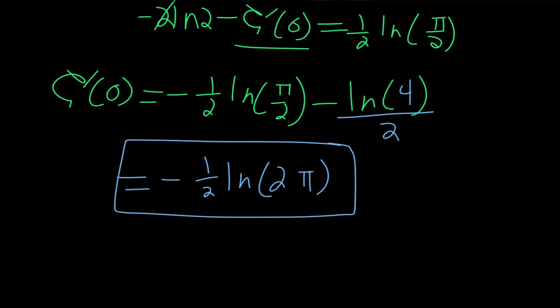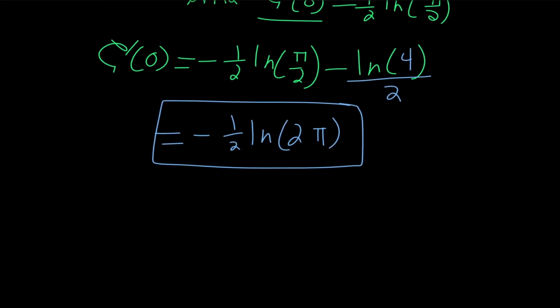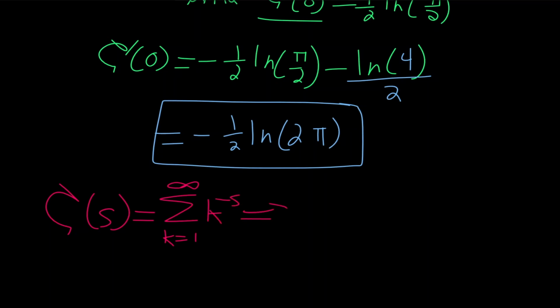Now, how exactly can we get infinity factorial from this, though? Well, let's go ahead and look at the series definition of the zeta function. So zeta is defined as a series like this. It's just the sum from k equals 1 to infinity of k to the minus s. And if we go ahead and actually just differentiate that and plug in 0, what we end up with is just going to be negative the sum from k equals 1 to infinity of just the natural log of k.